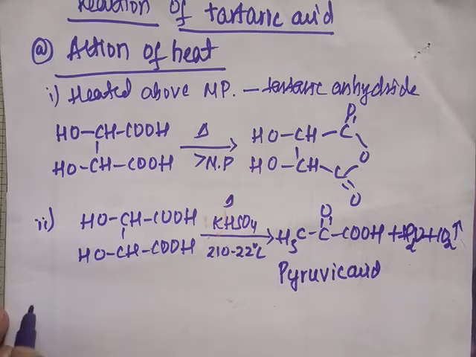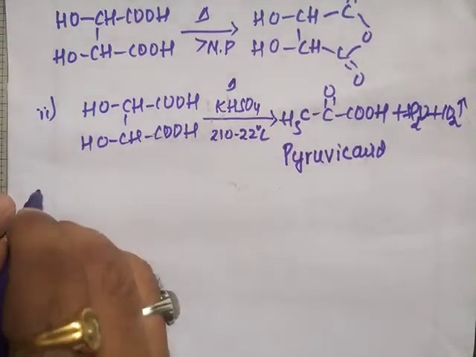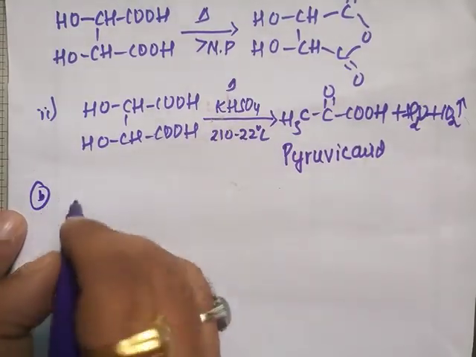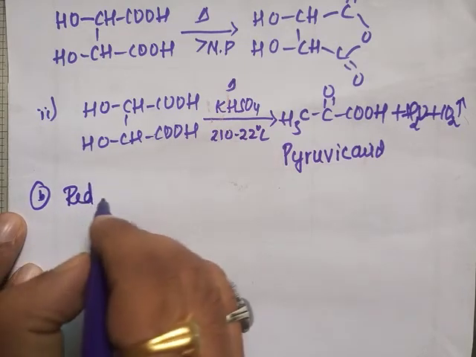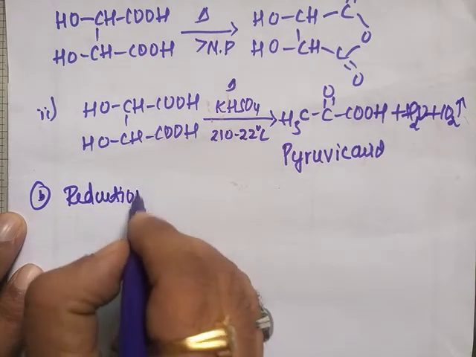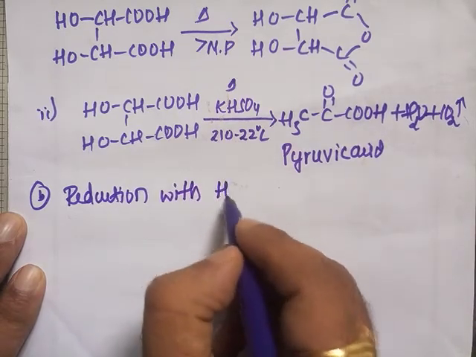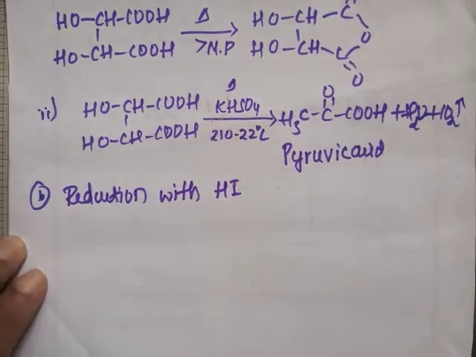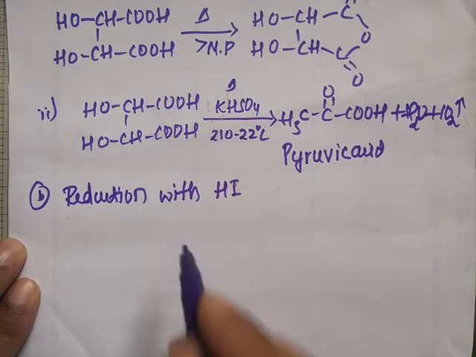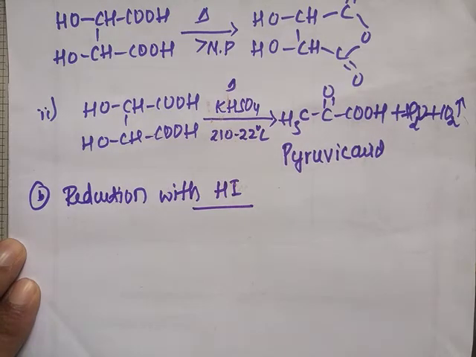One more reaction: reduction with HI. When tartaric acid is reduced with hydroiodic acid, it reduces to malic acid and then to succinic acid.